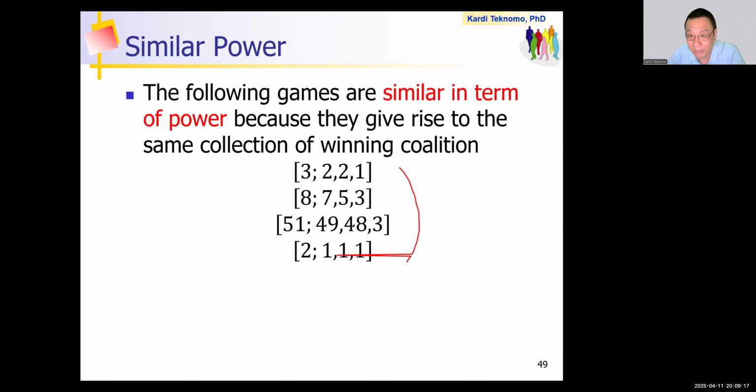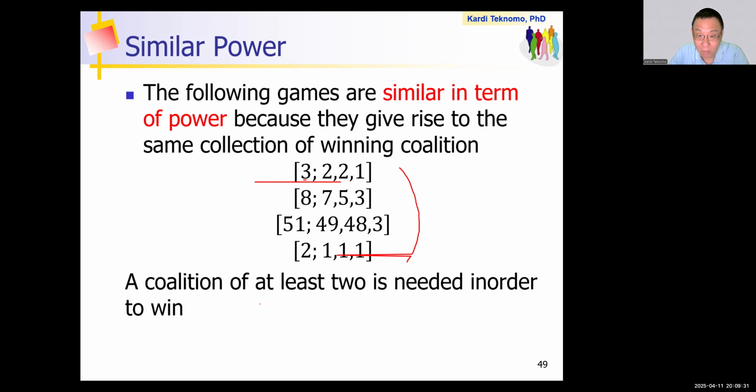In order to win 3, player 1 and 2 must make a coalition. So a coalition of at least 2 is needed in order to win the decision.